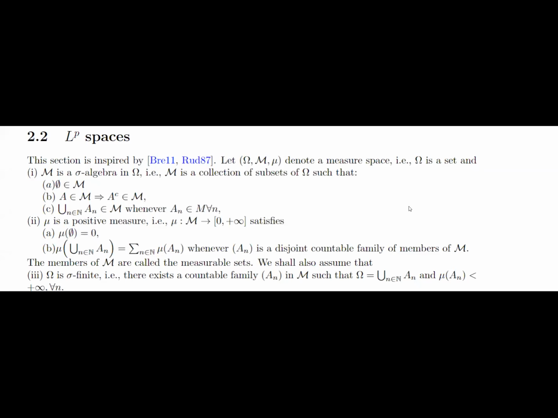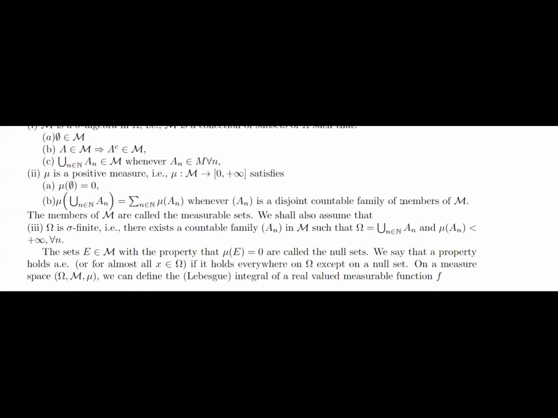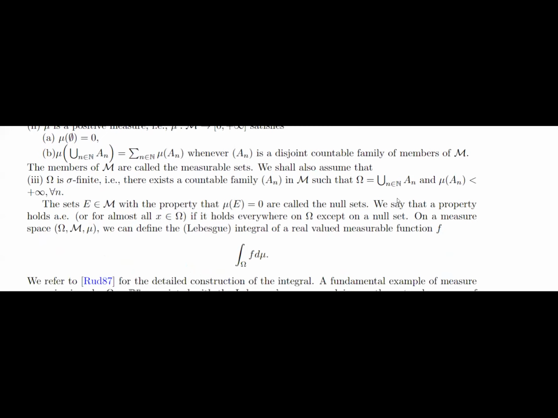Okay, next. You have sets with the property that mu of E equals 0, so we call them null sets, and we say that a property holds almost everywhere if it holds everywhere on omega except on a null set.